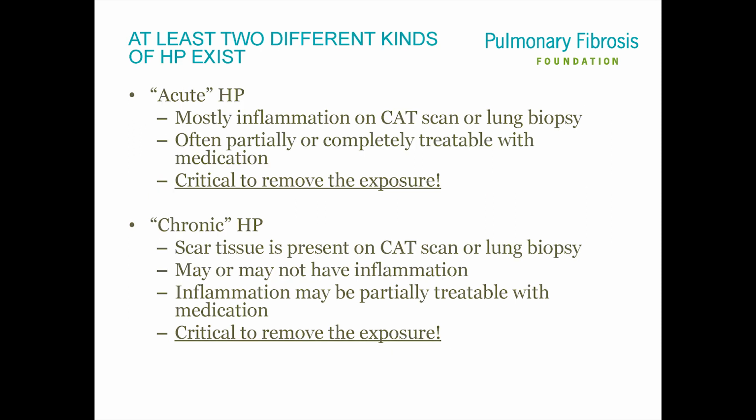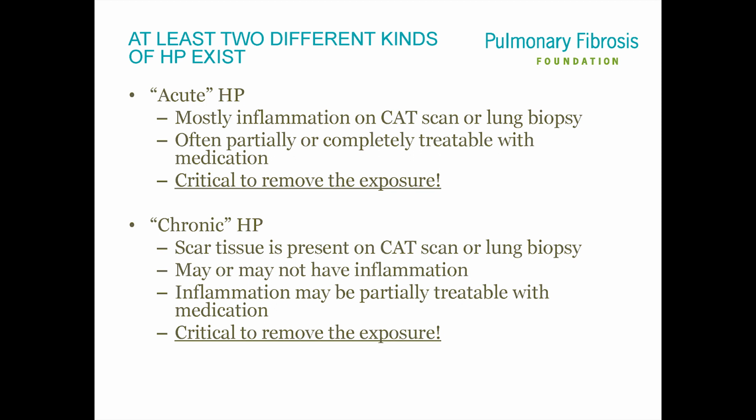Doctors often think about HP in two different ways. We call one of them acute HP and the other chronic HP. Acute HP mostly is inflammation that we might see on a CAT scan, or if a biopsy of the lung is done, we might see inflammation in the lung tissue under a microscope. This form of HP sometimes can be very serious. People can be very ill in the hospital, sometimes not.